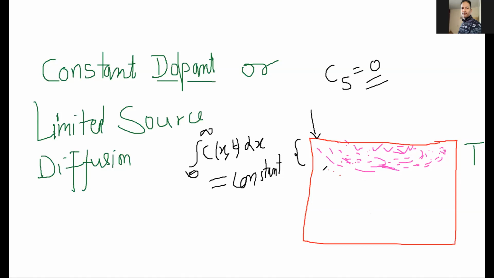You will see that at depth your doping will start increasing, but because these dopants are coming from the top, at the top your doping will be decreasing. This will continue if you allow for a sufficiently long time.